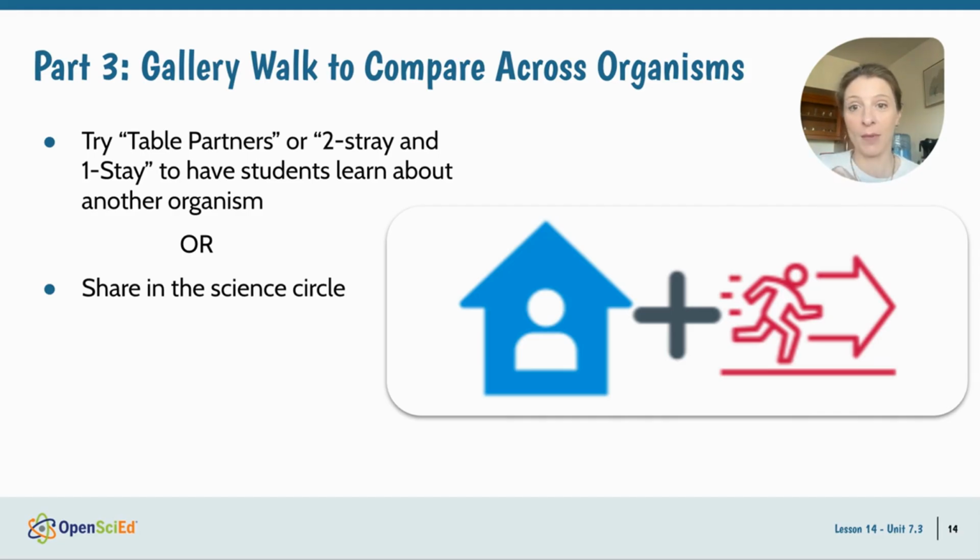That should cut some time. A different approach might be that you cut the gallery walk entirely. As you move into the science circle, have students sit next to someone who studied a different organism. Give them 2 minutes to share their evidence with that one partner before starting the whole class discussion.